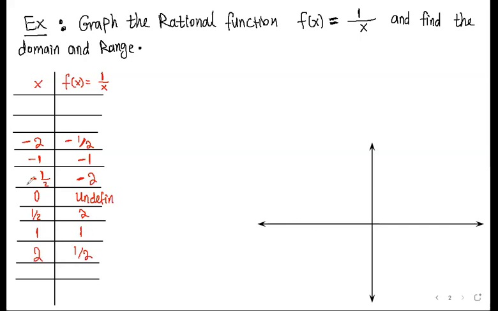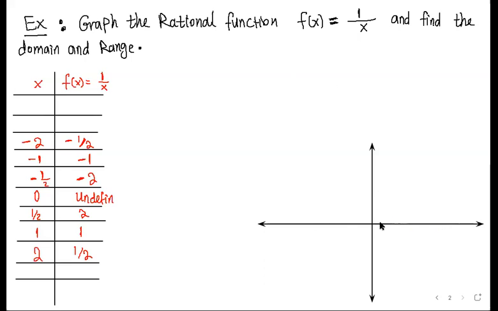So let me represent these points in the Cartesian plane. At 0 it is undefined. No value at 0. At 1/2, they give me 2. So let me put this as 1/2, here 1, 2, 3, 4. No, let me change it.